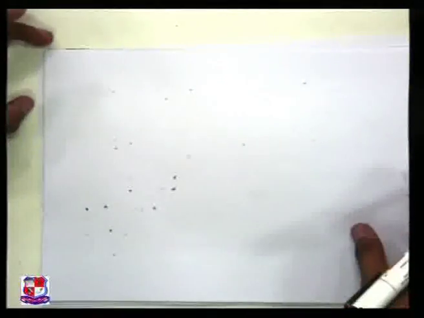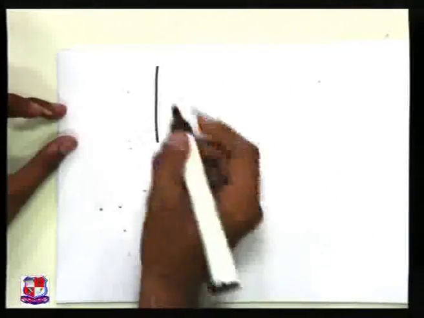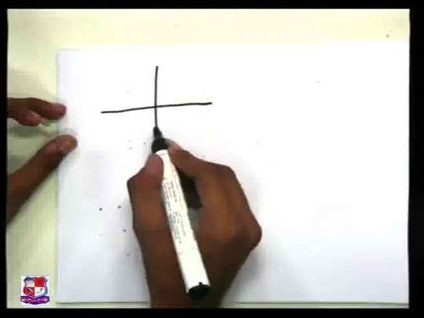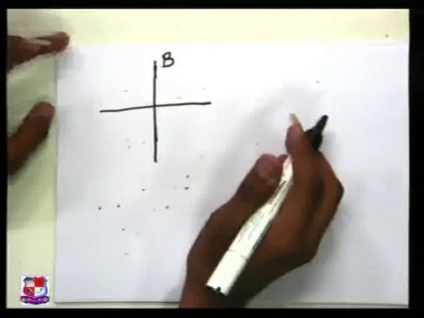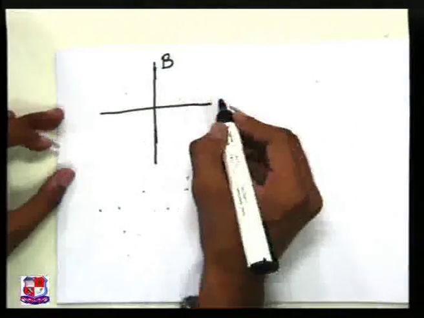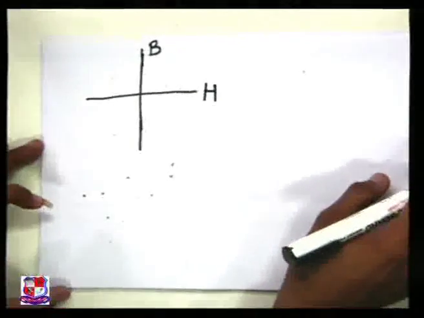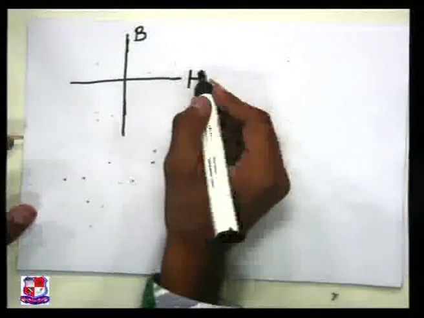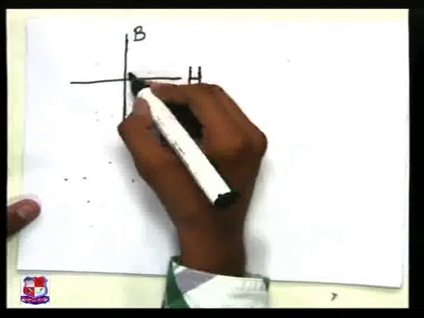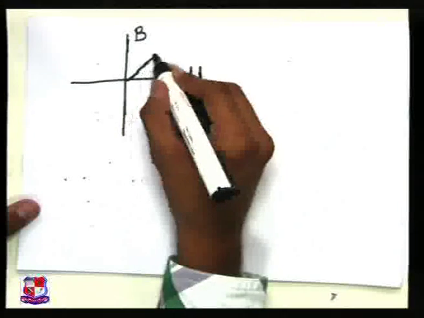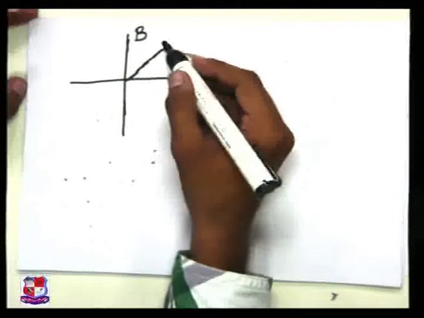So we can make a hysteresis loop here. B is given on the y axis and H is given on the x axis. Now if we increase the current, H will increase and accordingly B will also increase.